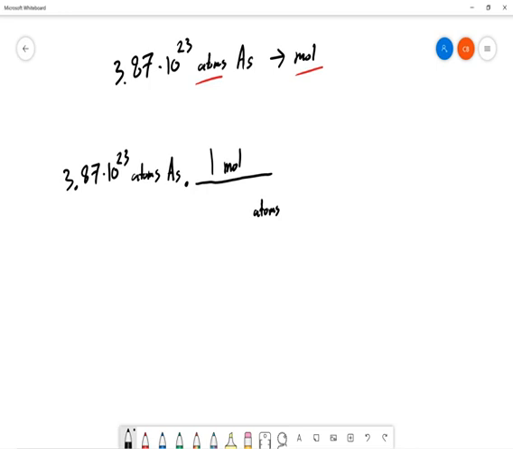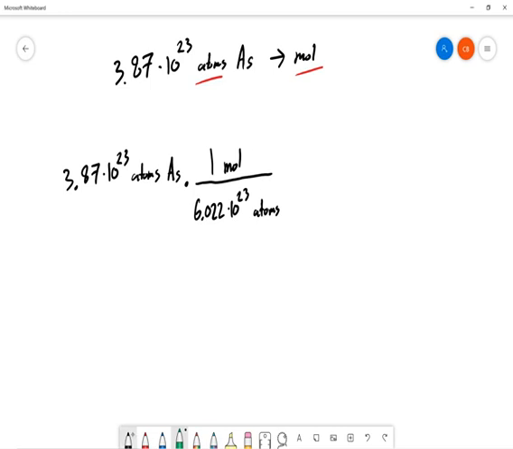Now, wait a second. We learned that 1 mole of anything, right, is how many of something? 6.022 times 10 to the 23rd. Okay, so what I'm saying is 6.022 times 10 to the 23rd atoms is equal to a mole. So we put 6.022 times 10 to the 23rd here as our conversion factor, because these two things, 1 mole and 6.022 times 10 to the 23rd atoms, are exactly the same.